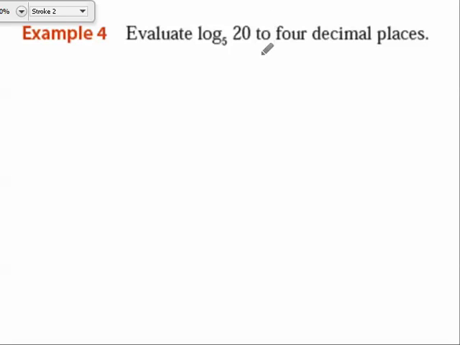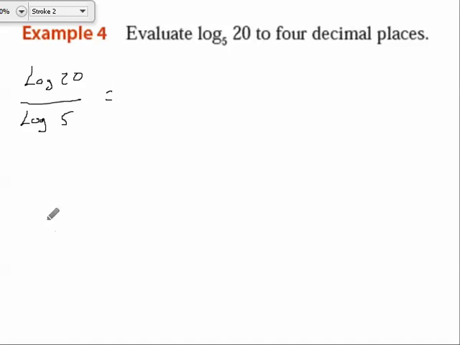Does it make a difference if we're doing log or natural log? Not at all. And I want to prove that with this one here. Well, I'm going to rewrite this one as log 20 divided by log 5. That's the conversion to convert it to base 10, right? And this is going to give me some value.